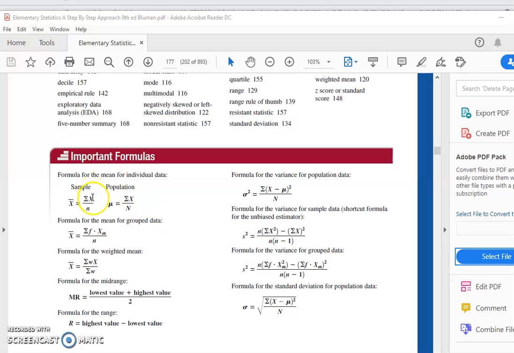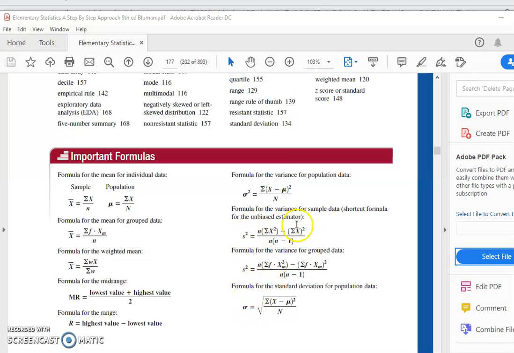So if they gave you the data points, all of the temperatures for the last 12 Thanksgivings, it would be very straightforward for you to do the calculation for the X bar. It would be very straightforward for you to do the calculation for the standard deviation for the sample. Okay, so here it is.